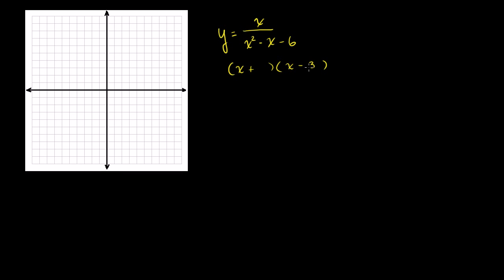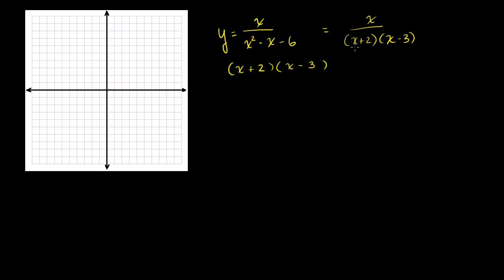So x minus 3 times x plus 2 seems to work. That gets to negative 6. Negative 3x plus 2x is negative x. So that works. So this is equal to x over x plus 2 times x minus 3.